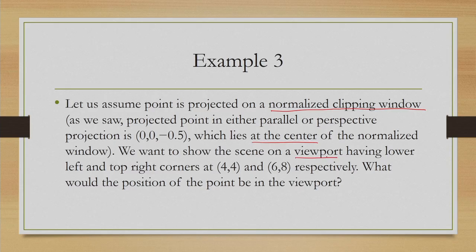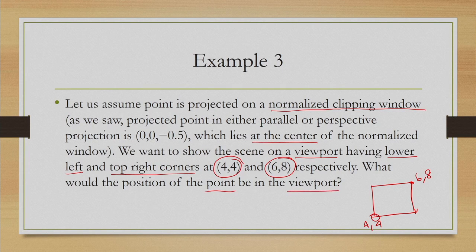Now, we are defining a viewport with a lower left corner at 4,4 and the top right corner at 6,8. So, if we perform a window to viewport transformation, then what would be the position of the same central point in the viewport? Let us try to derive that.